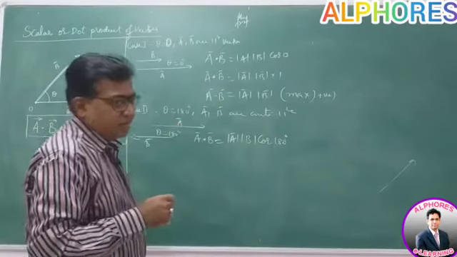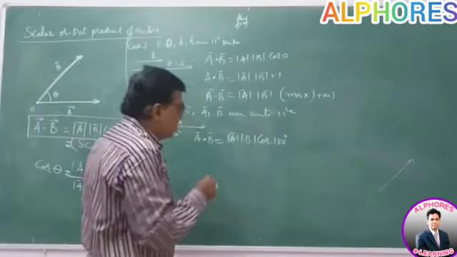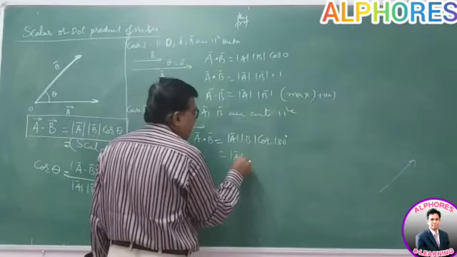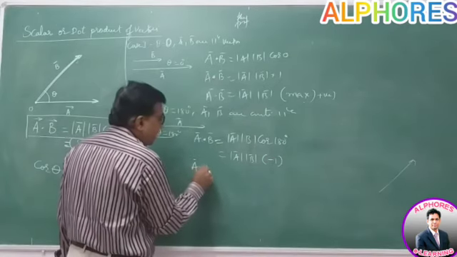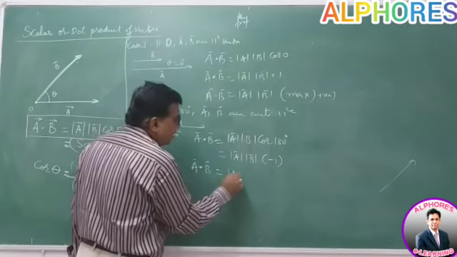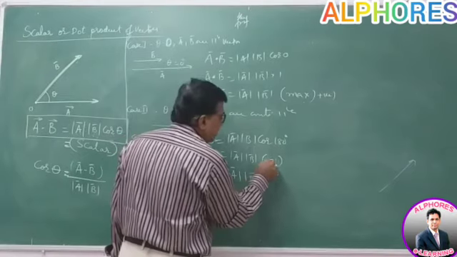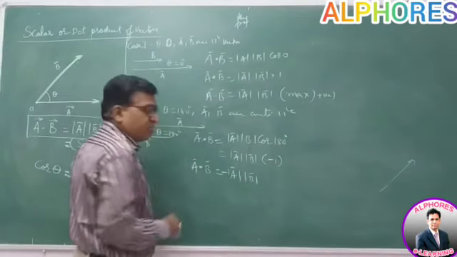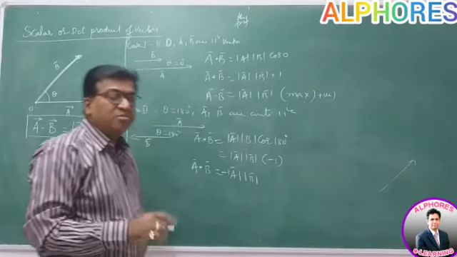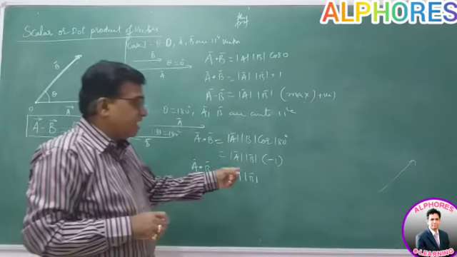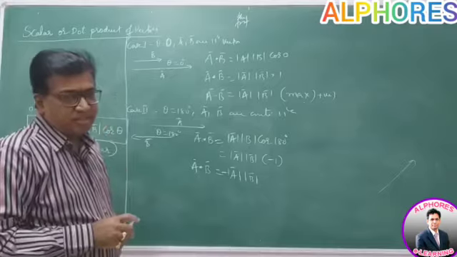According to trigonometry, we know cos 180 is minus 1. So A dot B is mod A mod B times minus 1, that is, minus mod A mod B. This is also maximum in magnitude, but it is negative. So this is the negative maximum value of the dot product.